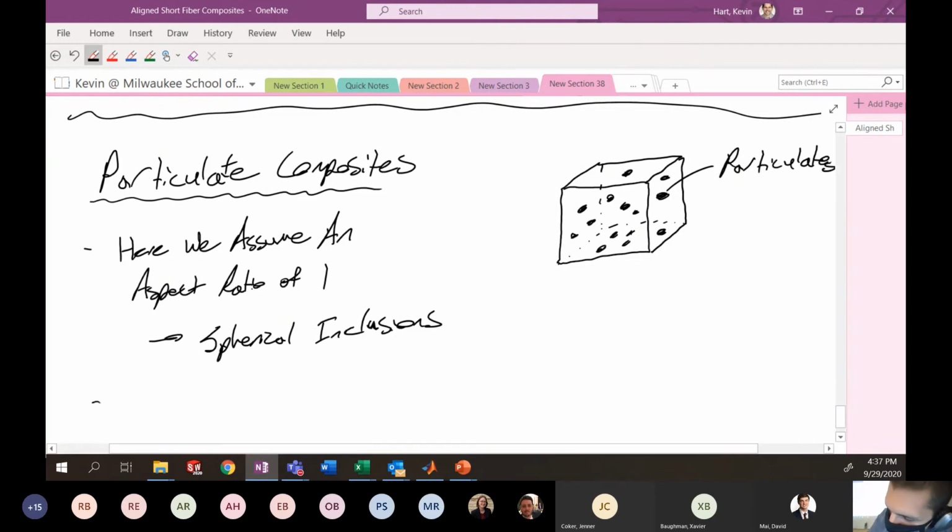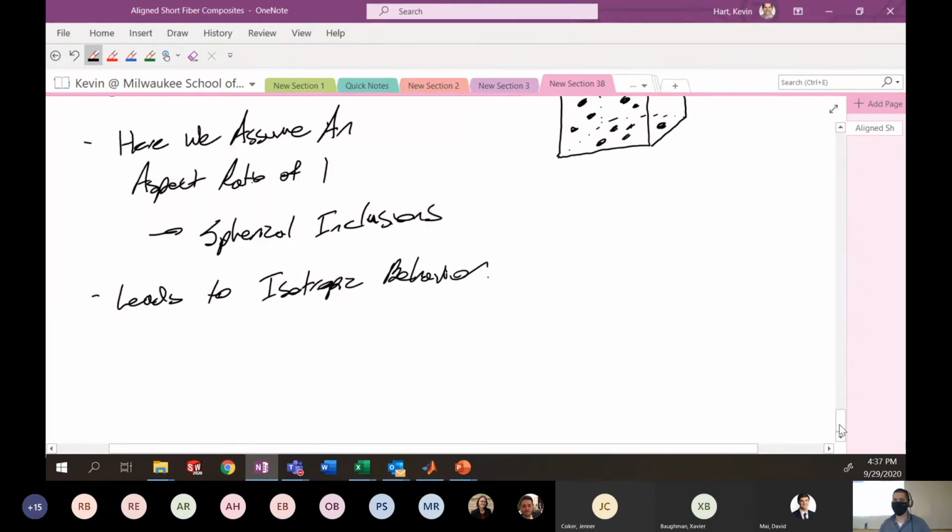So this leads to isotropic behavior. Then the question is, how do we calculate that isotropic behavior given the materials involved?